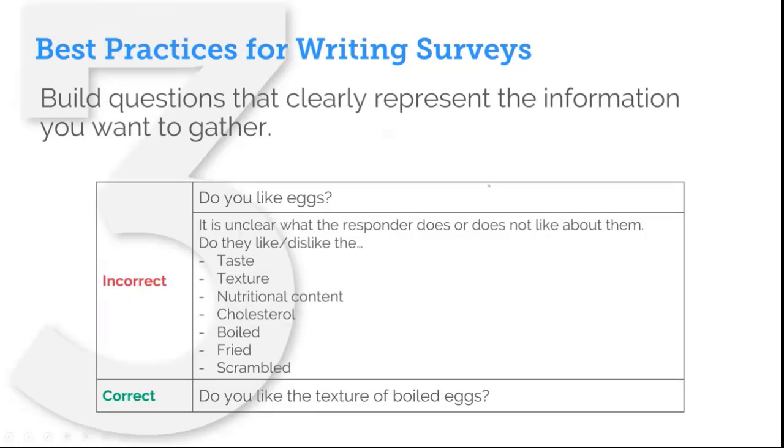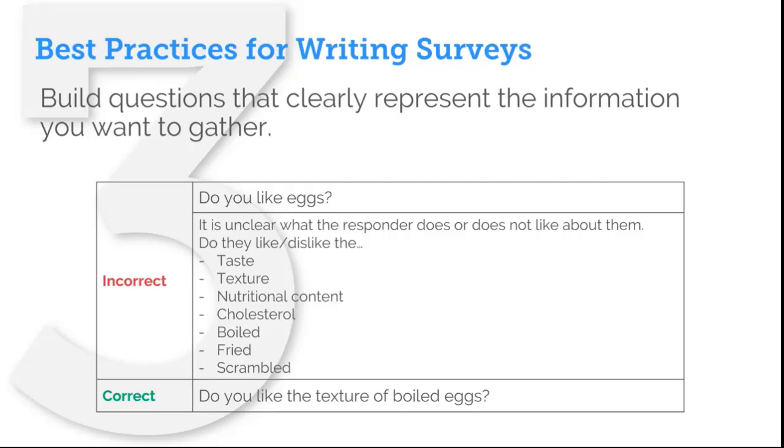Tip number 3, build questions that clearly represent the information you want to gather. If you add a vague question, you won't really know what specifically people are answering about. So if I say something in general, like, do you like eggs? It is unclear what the responder does or doesn't like about them.